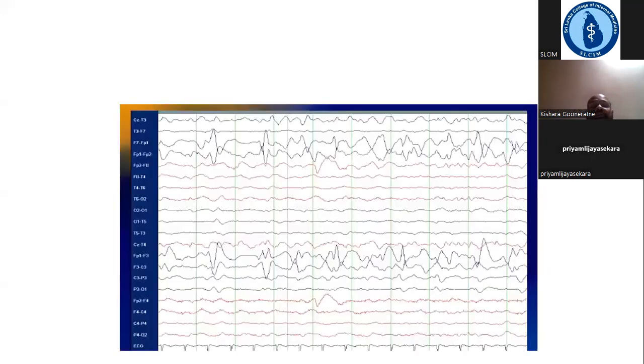So this is an example of an EEG which shows focal slowing. You can appreciate the high amplitude activity which is seen over the frontopolar region or the frontal region on the left.